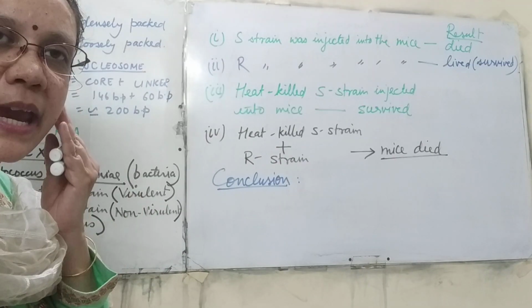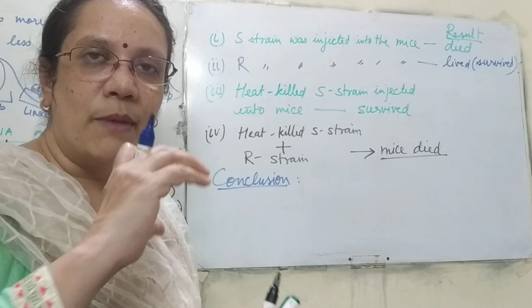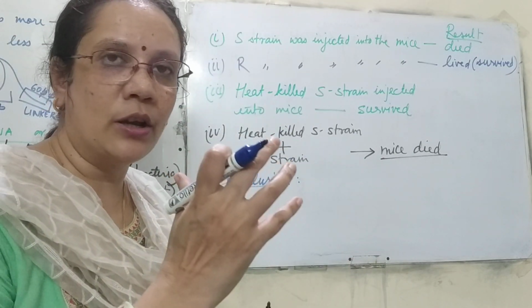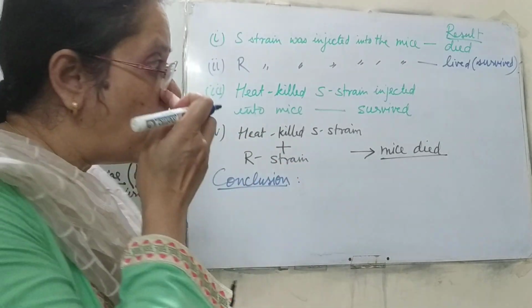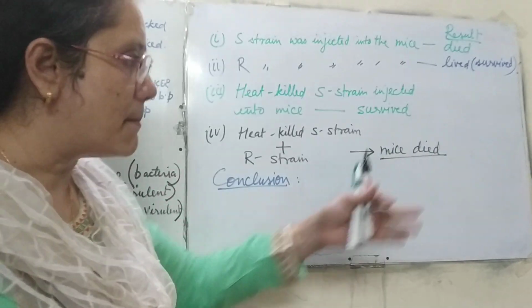Virulent means there was formation of that coat, the mucus coat, which made it virulent and caused pneumonia in the mice.